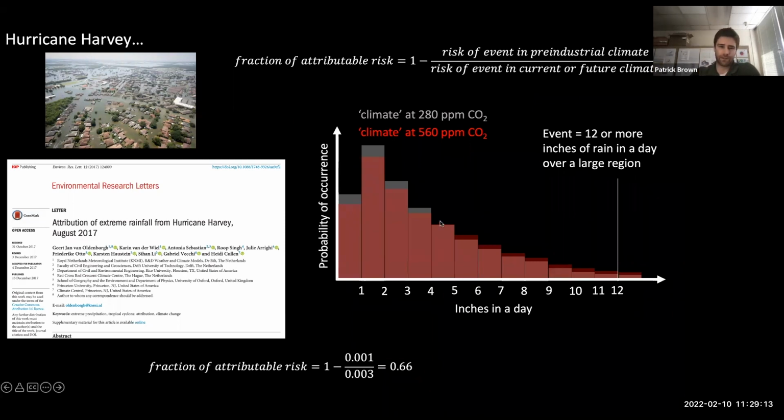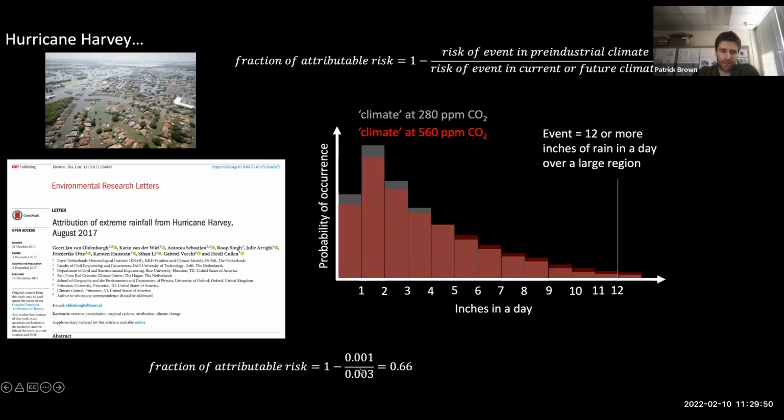So in this paper, they do this calculation a million different ways, and they get different numbers, using different models and different types of observations. But this is a general finding that they see. The probability of seeing a rainfall event like this in the pre-industrial climate, on an annual level, would be like a once in 1,000-year event.